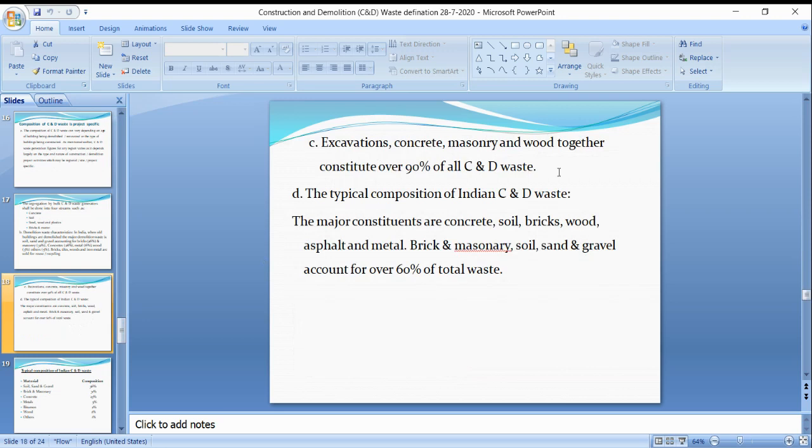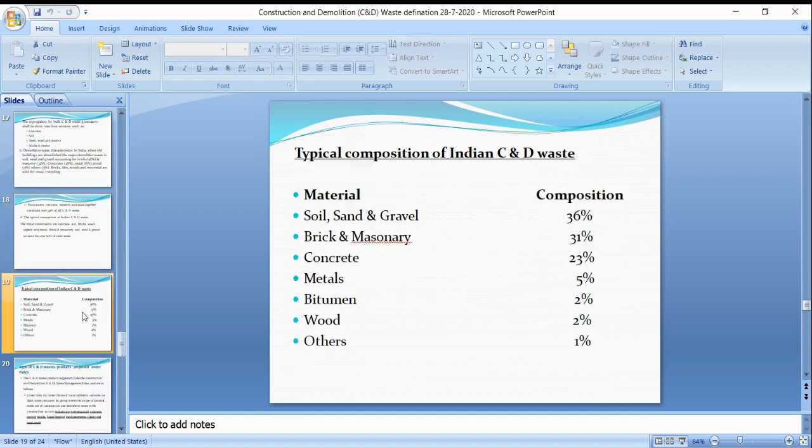Excavation, concrete or masonry, and wood together constitute 90% of construction and demolition waste. So here we can see the composition: soil, sand and gravel 36 percent, brick masonry 31 percent, metals 5 percent, wood 2 percent. Others like plastic and all those will be 1 percent.